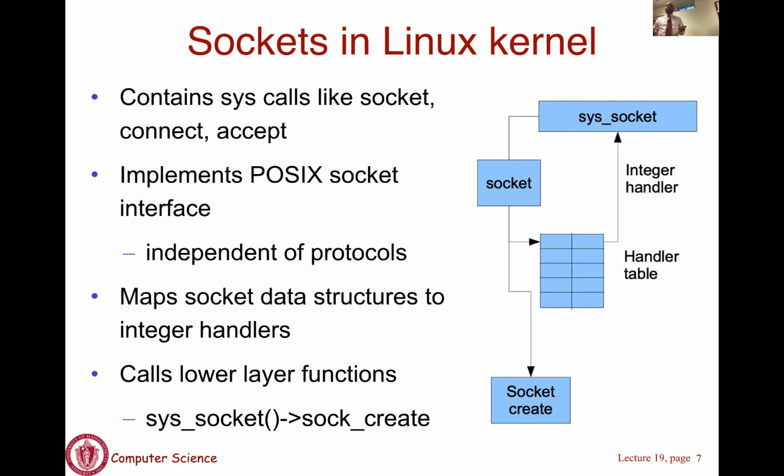Essentially, Linux implements system calls like socket, connect, accept, all of the ones that I mentioned earlier. They all implement the POSIX interface, which is somewhat independent of the protocol itself. The POSIX interface is standardized so that it's not directly dependent on TCP/IP. In the future, you might have other protocols that use the same standard.